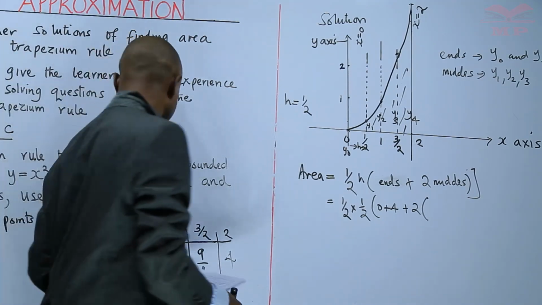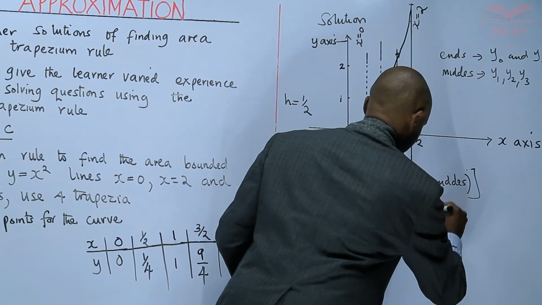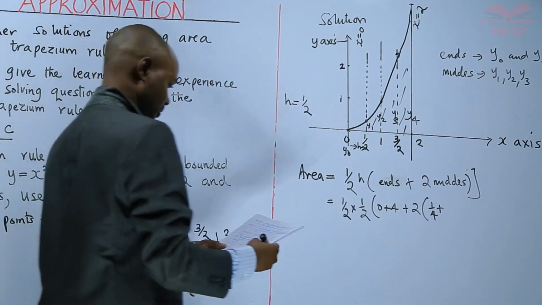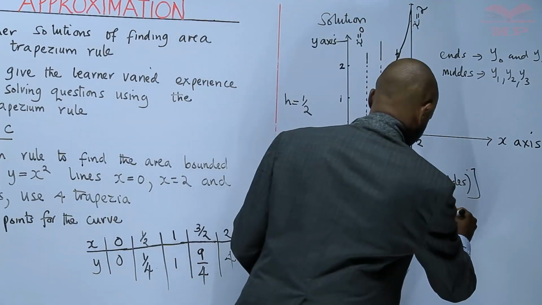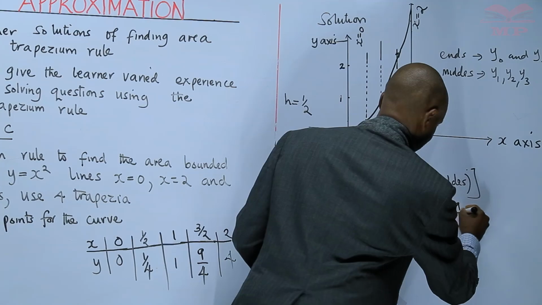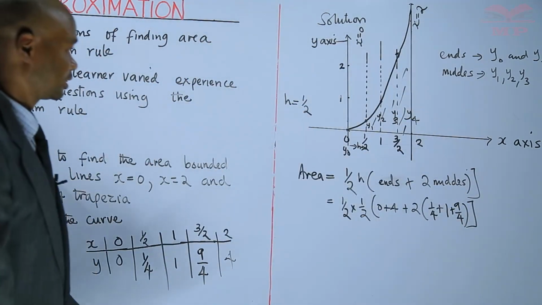So that gives, the mid-ordinates are a quarter plus 1 plus 1 plus 9 over 4. So that is what you have, learner.